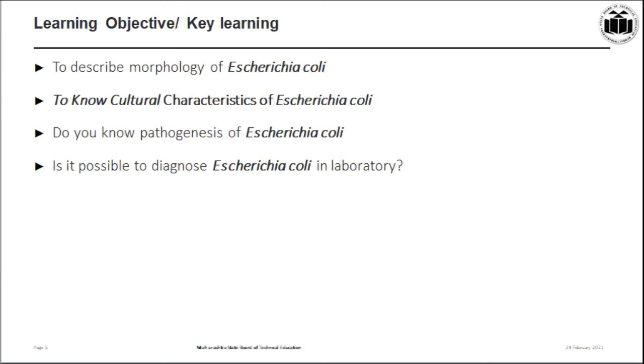So the learning objectives of today's lecture are to describe the morphology of E. coli, to know the cultural characteristics of E. coli, to know the pathogenicity of E. coli, and finally what diagnostic methods are used to detect E. coli in the laboratory.